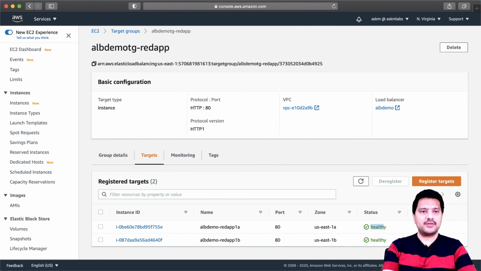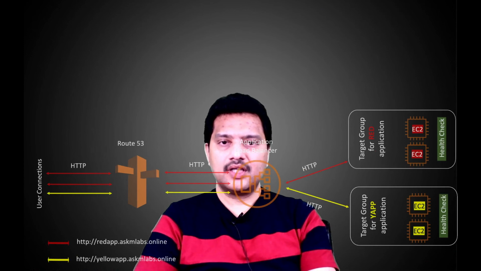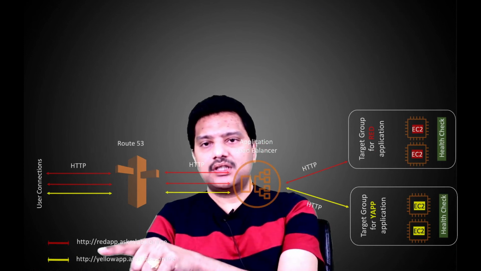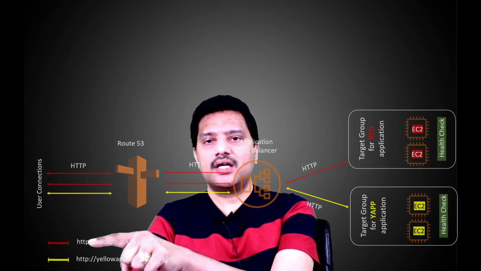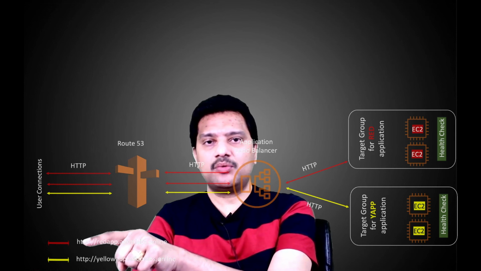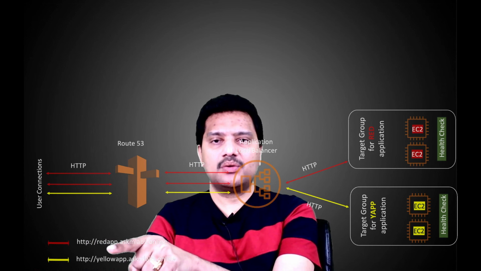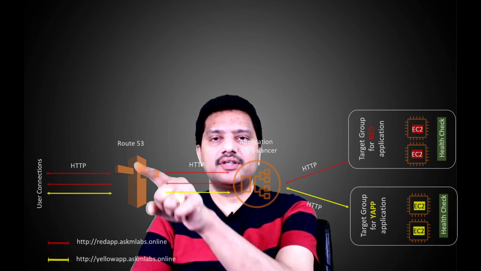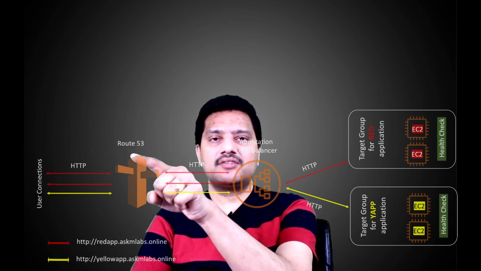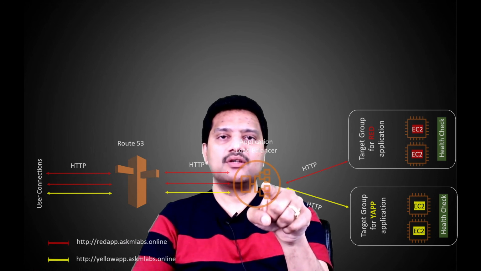Let me bring you the diagram, so you will get some idea. The Red App host name using the HTTP protocol is configured in Route 53, and that request is forwarded to the application load balancer.